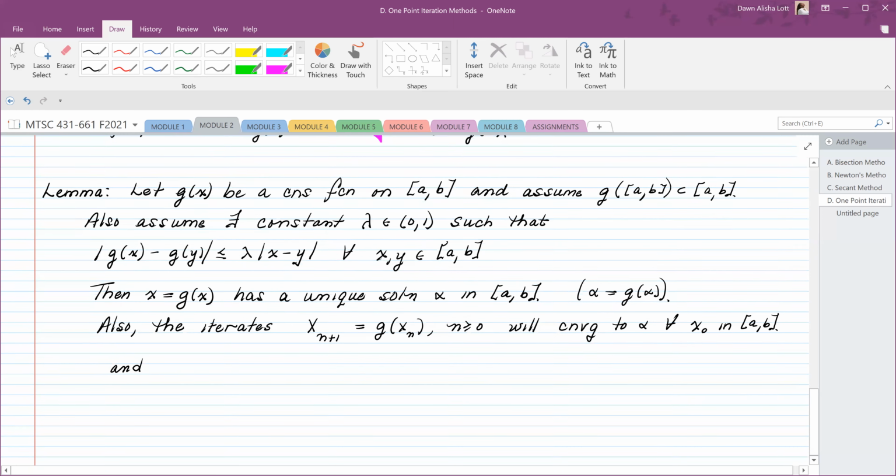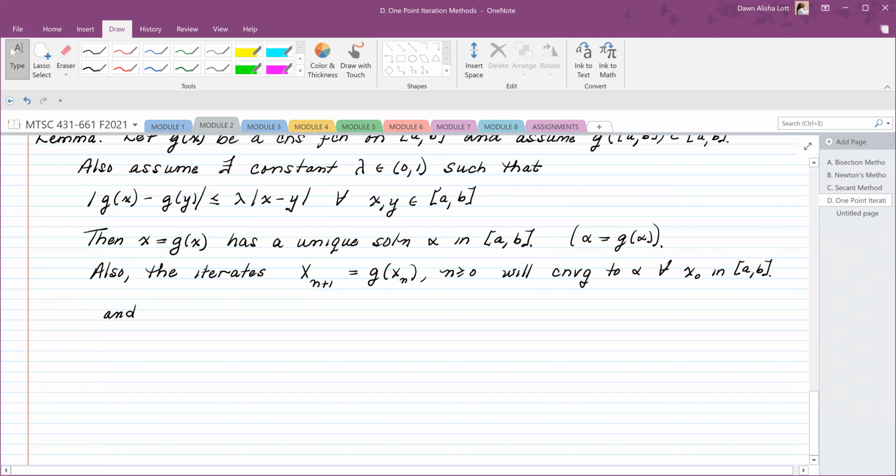And we also get the absolute value of alpha minus x_n is less than or equal to lambda to the n divided by 1 minus lambda times the absolute value of x1 minus x naught.